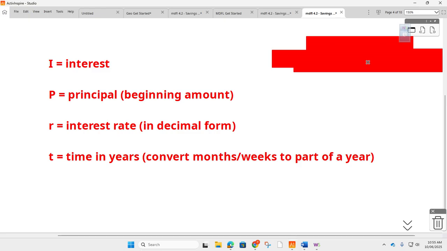If it's 3 weeks, it's 3 out of 52, right? So 3/52 of a year. And we're going to stick with using those fractions because when they round, there's a lot of rounding error. We're going to stick with fractions, but we get to use our calculator, so easy peasy. Y'all caught up with me?